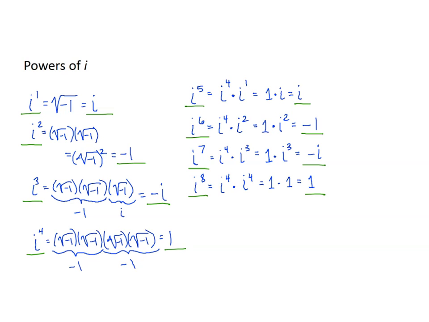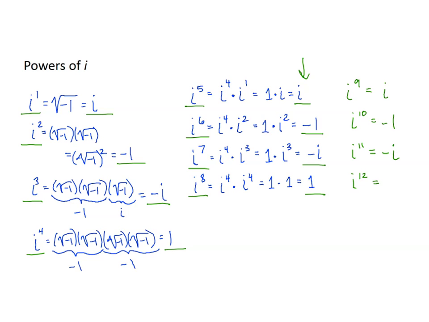So if I were to do the next 4 powers, if I were to do i to the 9th, i to the 10th, i to the 11th, and i to the 12th, I know that I'm going to continue the pattern. This one's going to be i, I'm just looking right here. This one's going to be -1.